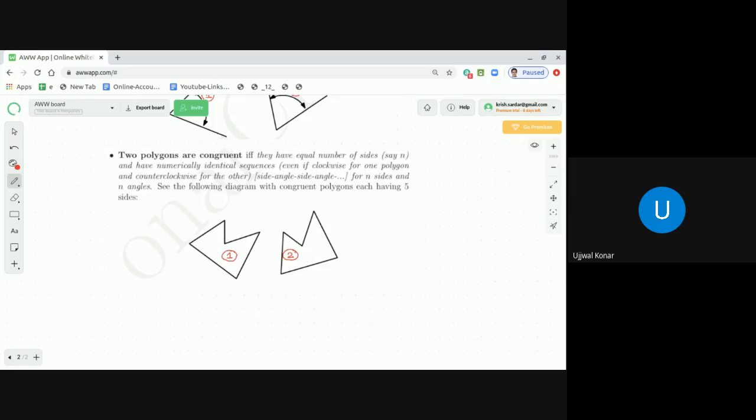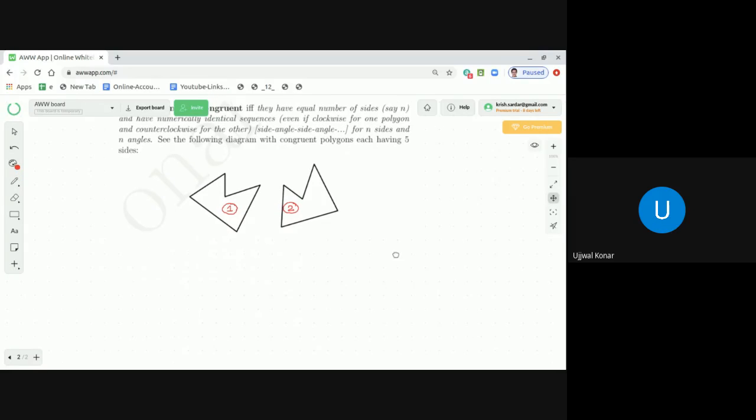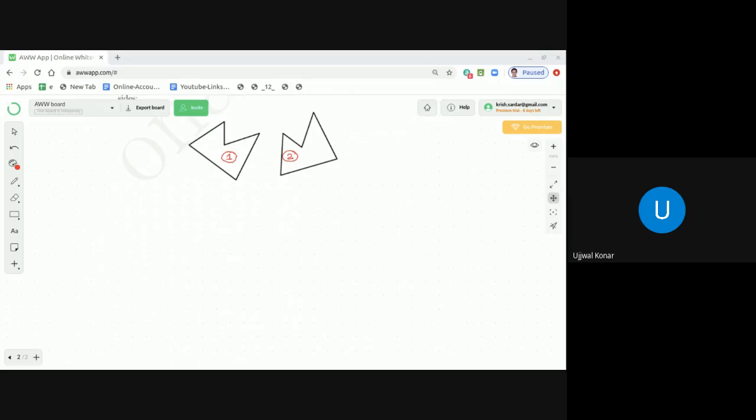Now, dear students, we are slowly moving our discussion to the congruency of triangles, because a triangle is also a polygon, right? The triangle is a very important discussion as far as congruency is concerned.